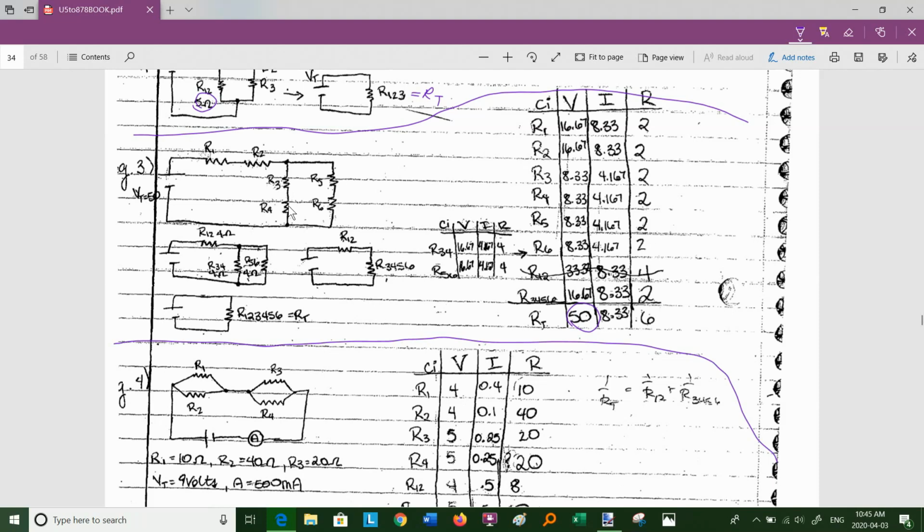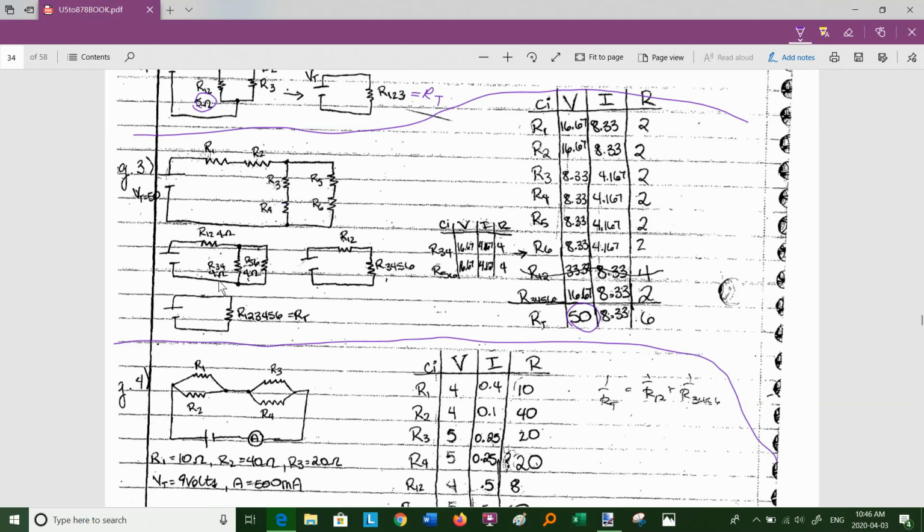So R34 is not even listed. There it is. It's 4, really? 1 over R34 is 1 over 2 plus 1 over 2. So that's 1. So R34 should be 1. And why is it saying 4?